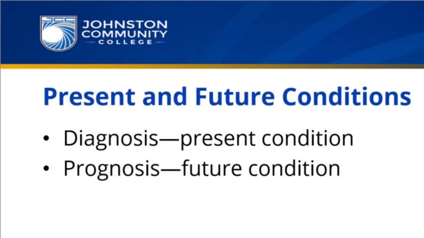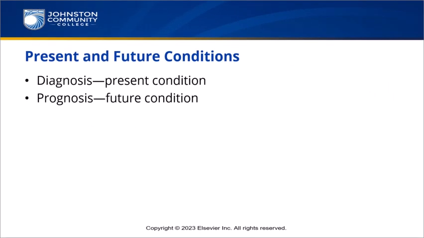Then we have prognosis. Pro, which means before or in front of, and gnosis, which still means state of knowledge. A prognosis is a state of knowledge ahead of time, which sounds a little odd until you realize it's a prediction of the future condition of a patient.